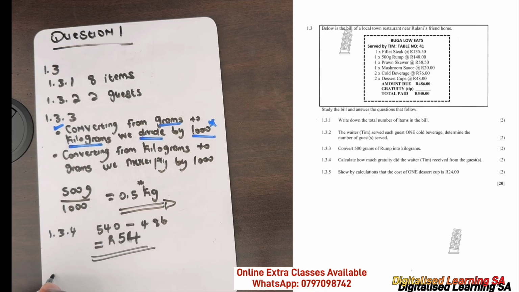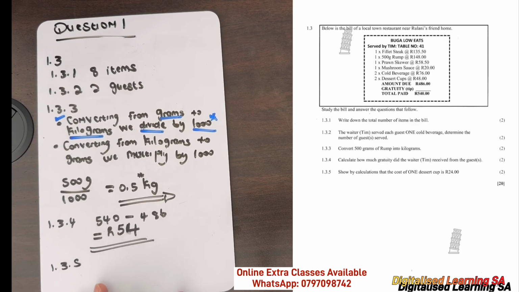Now let's move to our last question for question 1, which is question 1.3.5. Question 1.3.5 says show by calculations that the cost of one dozen cups is 24 rand. We can see that 2 dozen cups cost 48 rand.